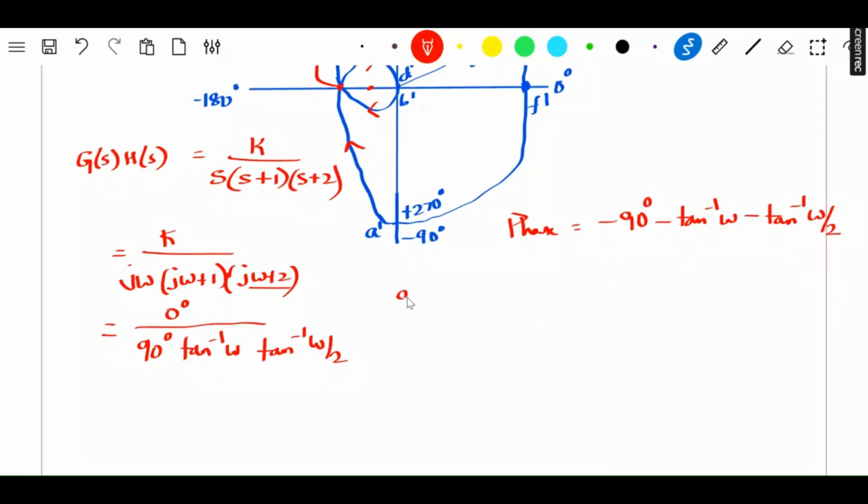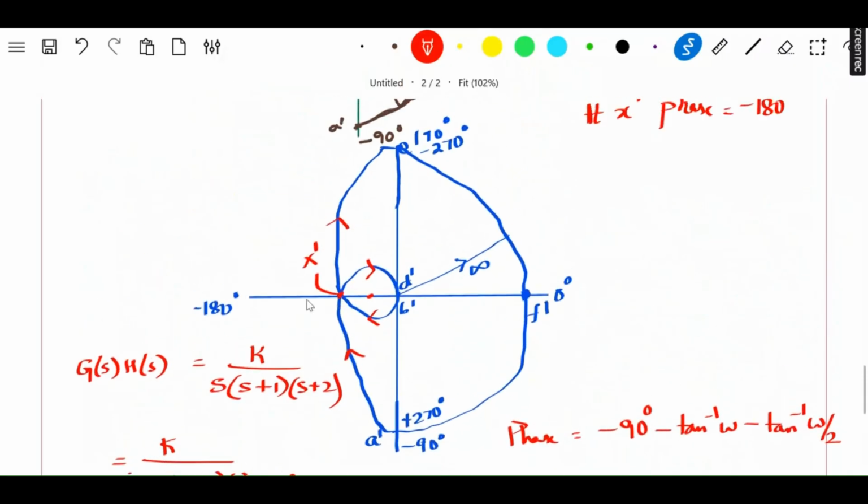Now at point x dash, this phase equation we have, we need to see that at x dash the phase should be equal to minus 180 degree. See, in this curve at x dash the phase should be equal to minus 180 degree.